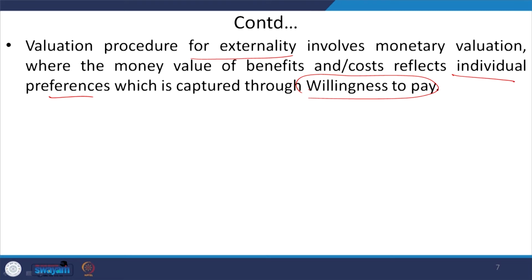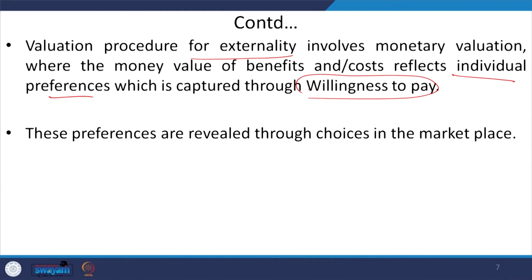So, what is this willingness to pay? Willingness to pay means what the consumer or a human being is interested to pay in order to get a particular benefit, or what a particular individual is interested to pay to forgo some kind of cost. So, this is the concept of willingness to pay.